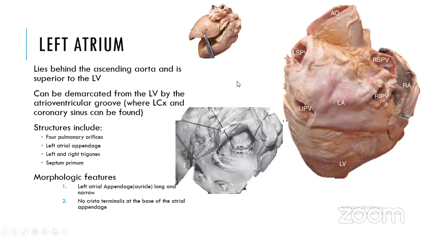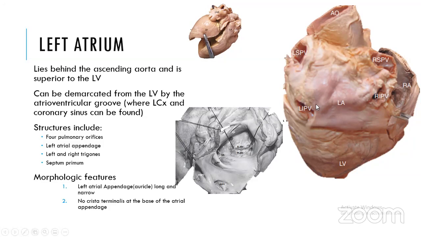So moving to the left atrium, the left chamber of the heart. It lies behind the ascending aorta and is superior to the left ventricle. The left atrium can be demarcated from the left ventricle by the atrioventricular groove.